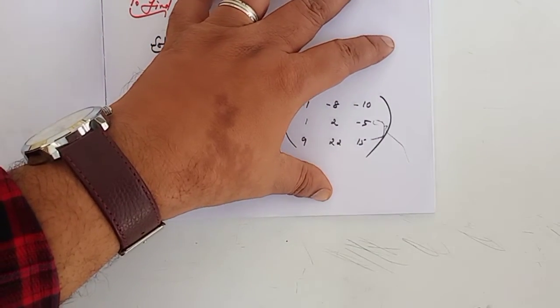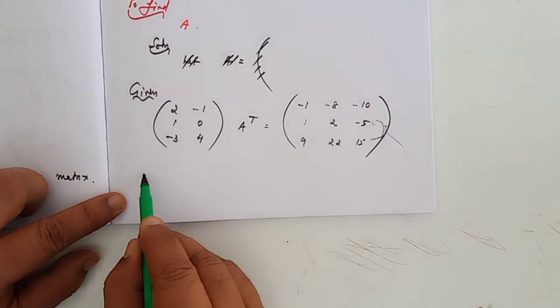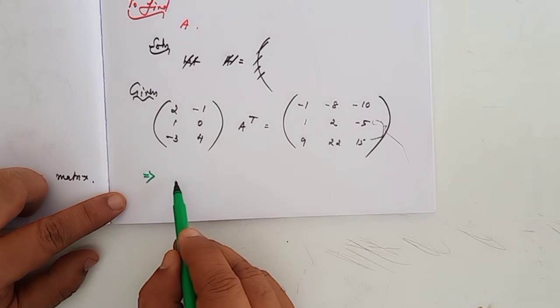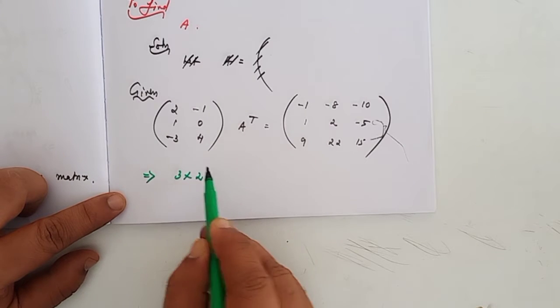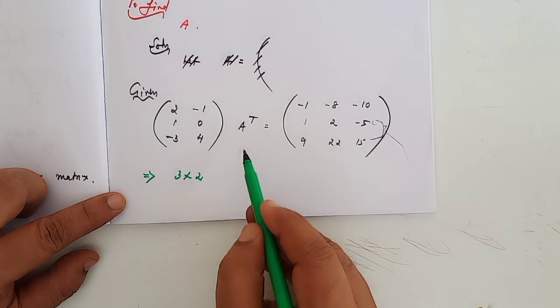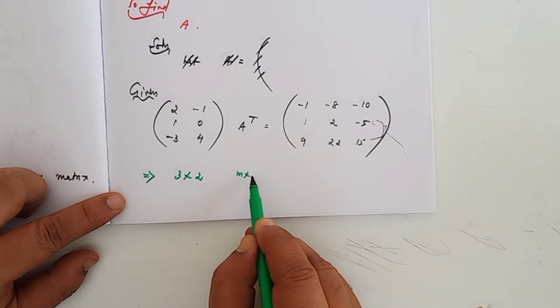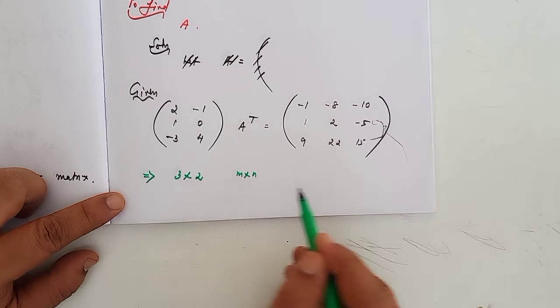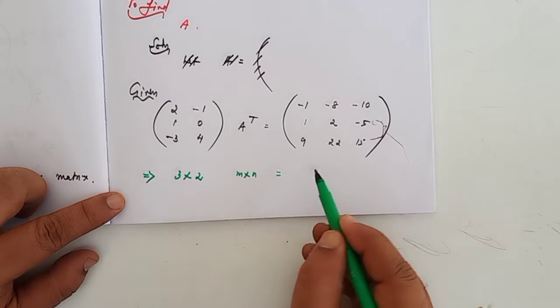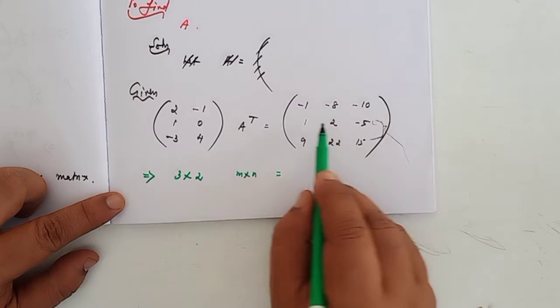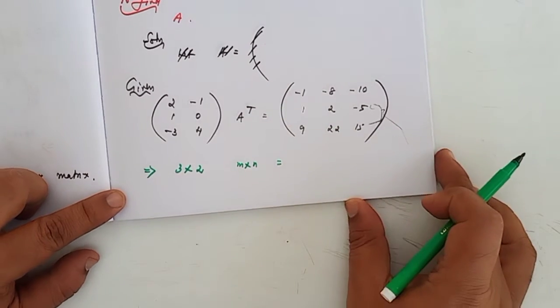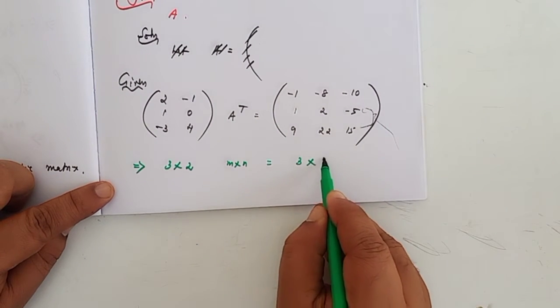The order of this first matrix we know, that is 3 rows 2 columns. A transpose order we don't know, so write it as m cross n. The resultant matrix order is 3 rows 3 columns.